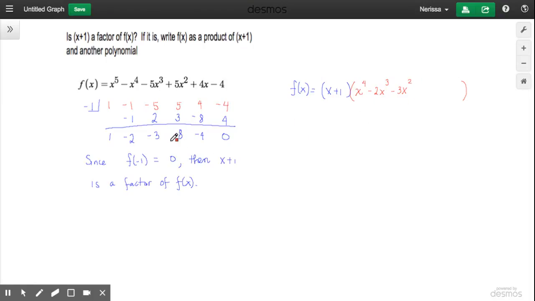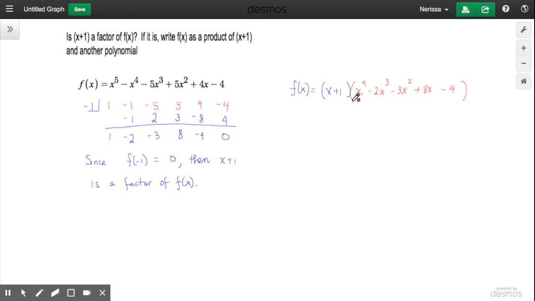Next term will be positive 8x. And then minus 4. So we can say that f of x is equal to x plus 1 times x to the fourth minus 2x cubed minus 3x squared plus 8x minus 4.